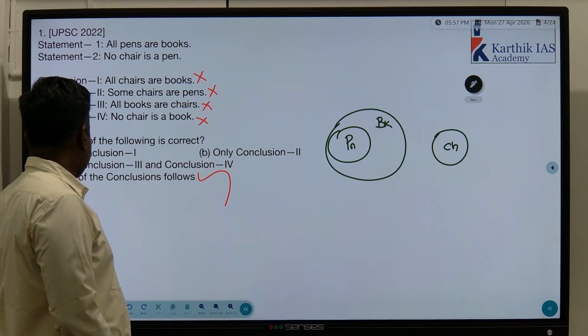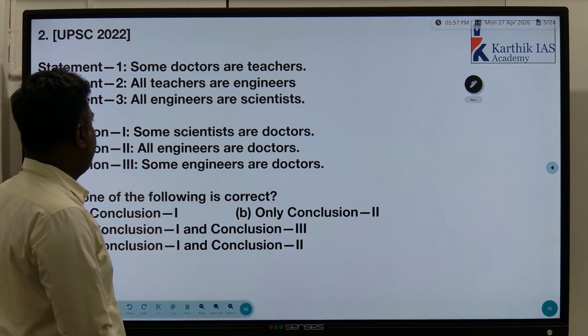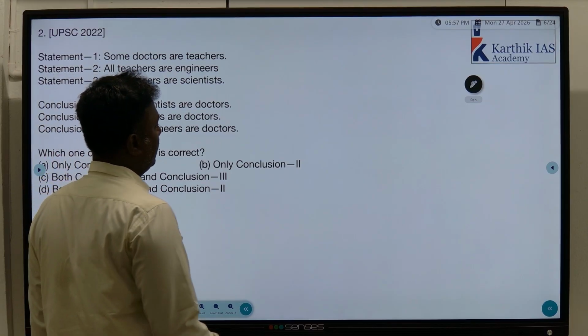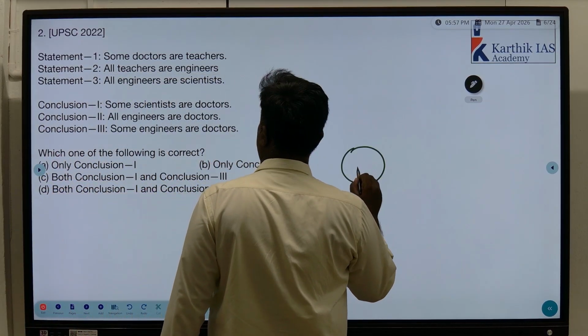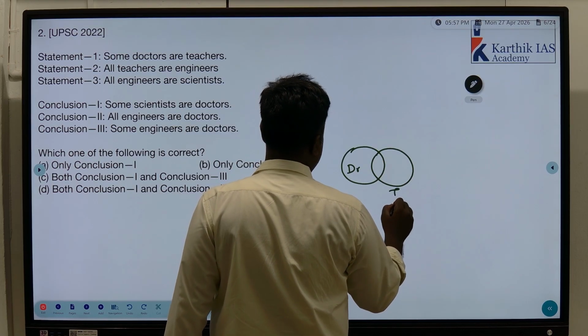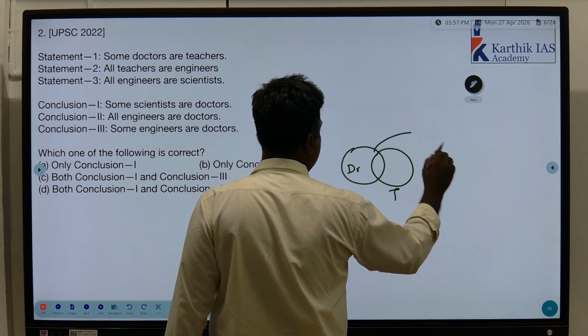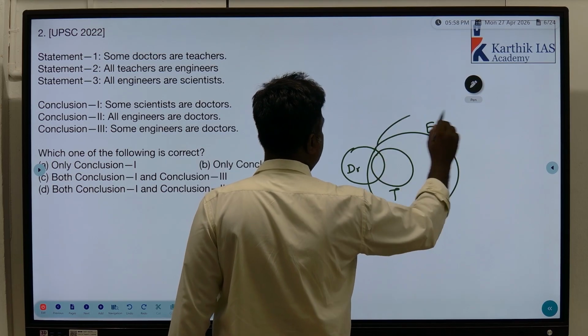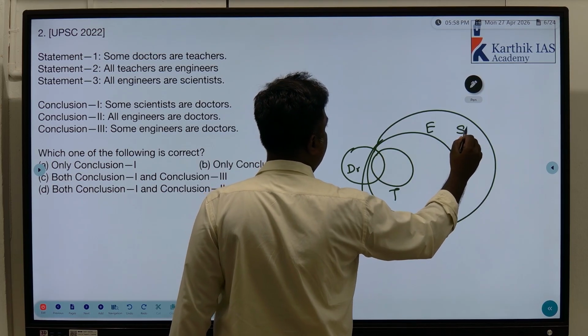Understand? Then some doctors are teachers, all teachers are engineers, all engineers are scientists. So we'll draw the basic diagram. Doctor, some doctors are teachers, all teachers are engineers. Understand? All engineers are scientists. This is the basic diagram.